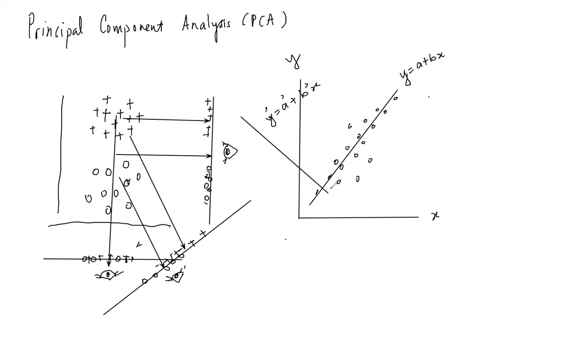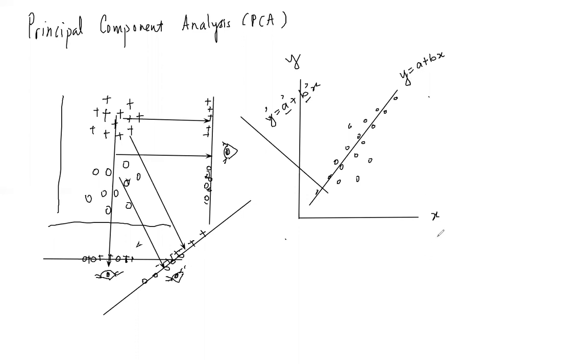It's a different axis, a different kind of value, with different coefficients here. So you can think of this line as an axis. This is axis y, this is axis y prime.